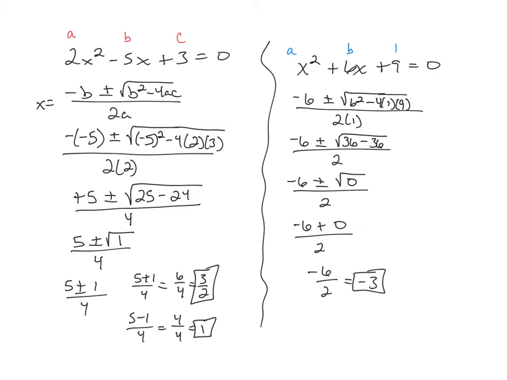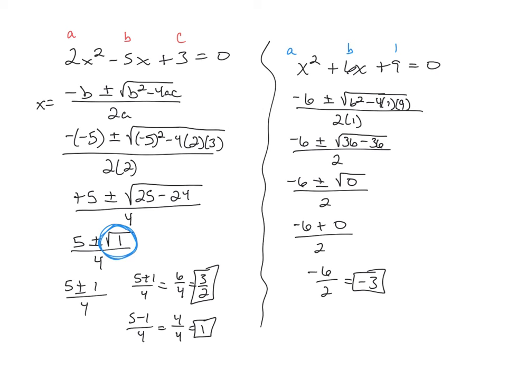Like we got this one, the answer was 3 over 2 and 1. So you could have a fraction like 3 over 2, or whole numbers like 1. Right here, I was able to do the square root of 1. On all your problems today, when you get to this point where I circled it in blue, you'll either be able to do the square root, like it'll be 4 or 9 or 16 or 25, and then you need to do the 2 problems like I did at the bottom.